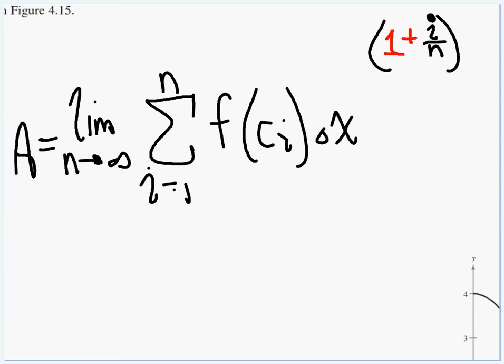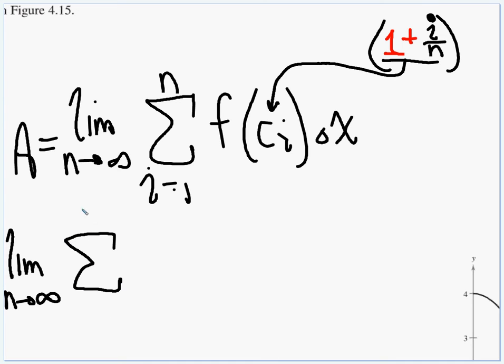We could have put in there that 1 plus i over n is what's going to go in there. I don't feel like writing all that out again for another step. So let's just jump right into the function, with the limit as n goes to infinity.